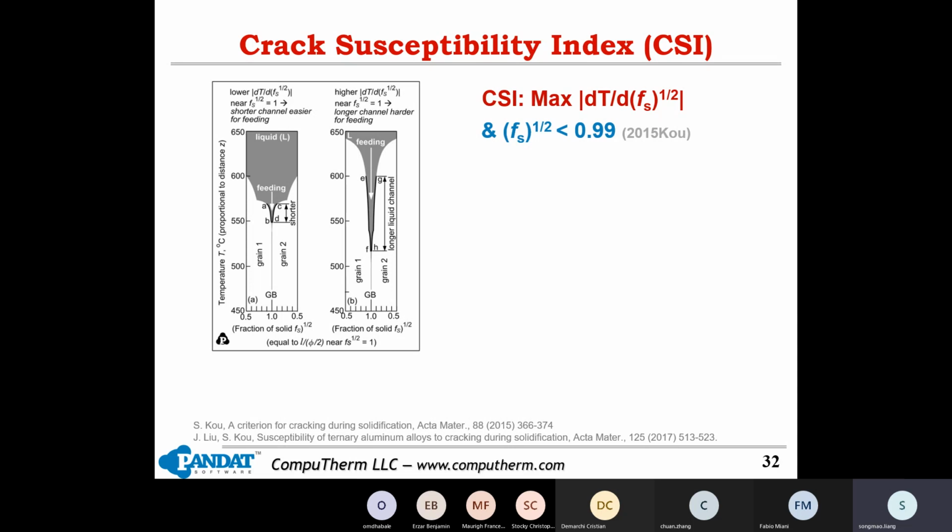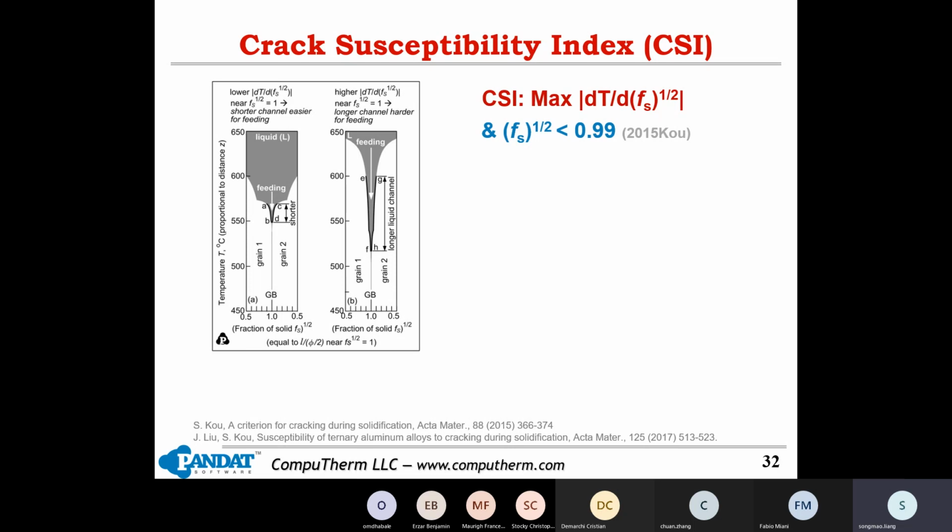When this value is smaller, the feeding channel is shorter, and it is easier to feed and not easy to generate cracks. But if dT/d√fs is larger, then it will have a longer channel, and hot cracking will form easily.